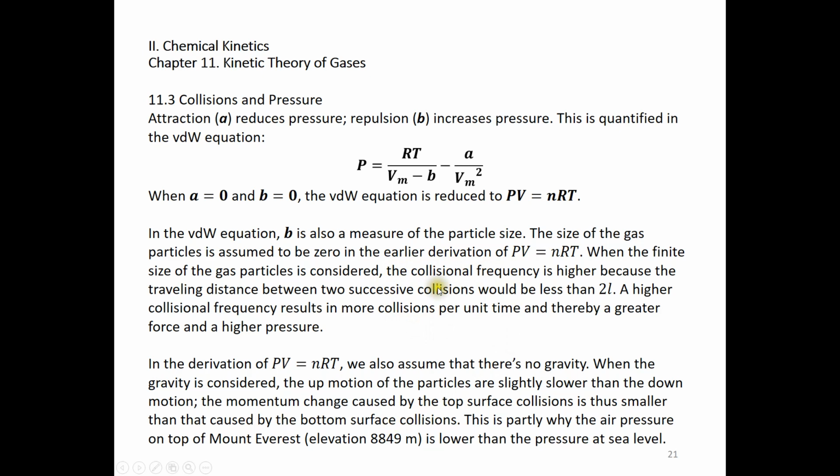If a particle is moving up, right before the collision, its speed is pretty small. It's smaller than average, and when it collides with the bottom, the momentum is probably greater than average, all due to gravity. And because of that, the air pressure on top of Mount Everest is lower than the pressure at sea level.